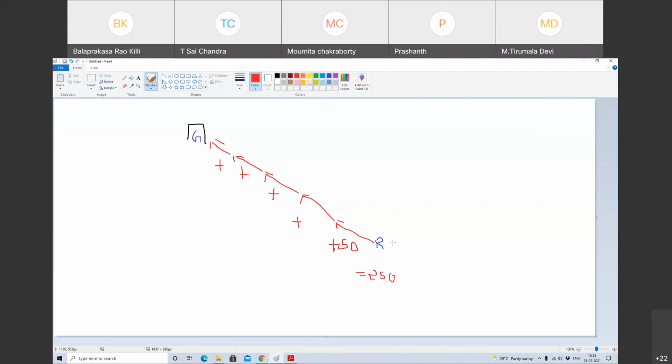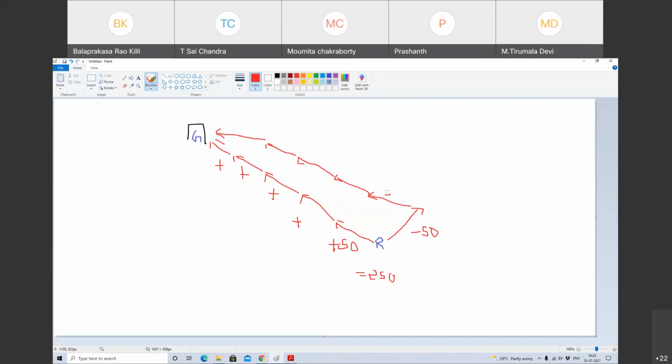Now, when you take a right step, you get a reward of minus 50. From here also, in 5 steps it can go. Let us say every time it gets plus 50 because it is moving.